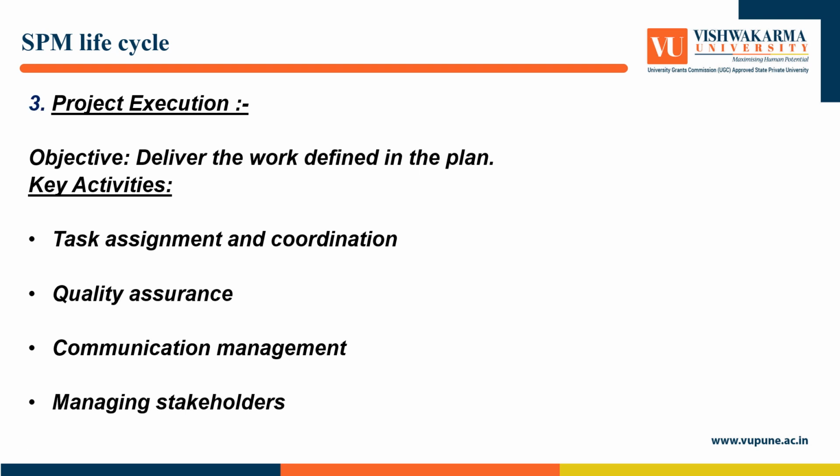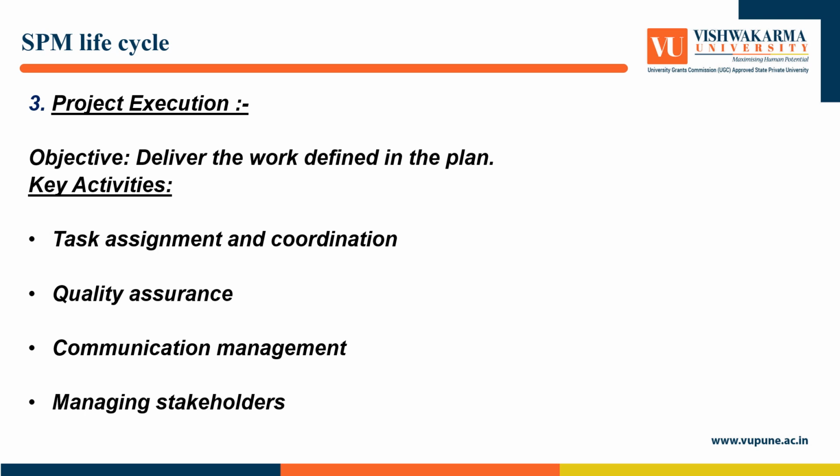The third stage of the SPM lifecycle is project execution. In this we will see how you can execute the project to meet the objectives. The first objective is delivering the work defined in the plan. This means you have to deliver the work as per the defined plan.